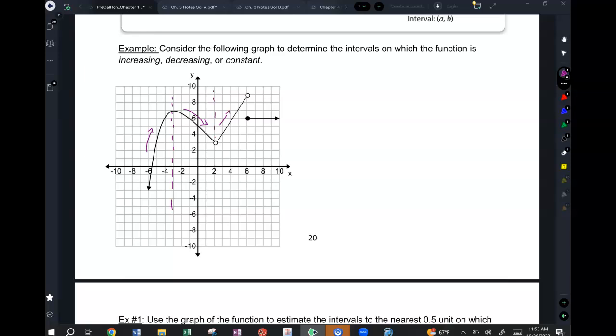So here it stops decreasing at this point, and then it increases until there, and then it's constant. So when we want to determine the intervals on which the function is increasing or decreasing, the intervals are the x values of the intervals, all right? The x values.